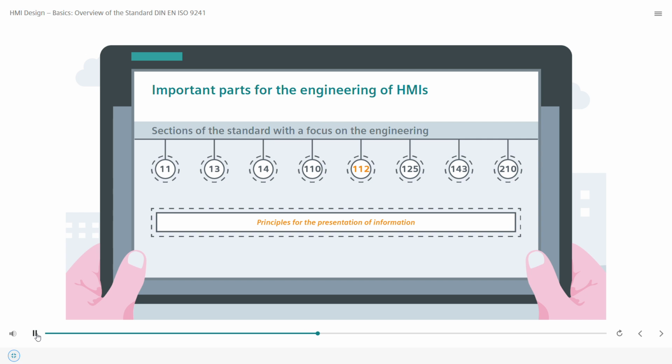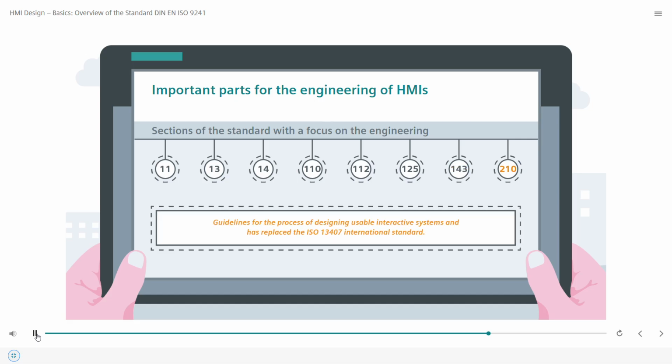Principles for the presentation of information. Part 125. Guidance on visual presentation of information. Part 143. Forms, plus one additional part. Part 210, which formulates guidelines for the process of designing usable interactive systems and has replaced the ISO 13407 international standard.